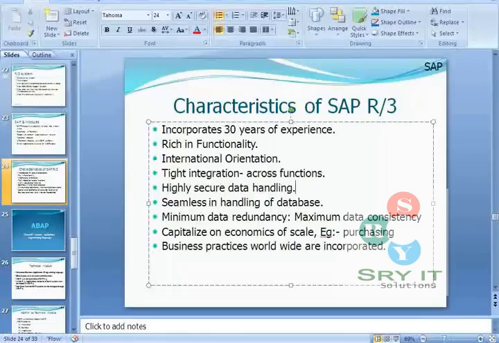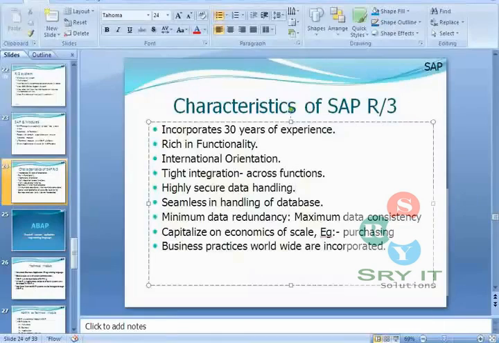Those were the minus reasons; these are the plus reasons for R3. Data security is very high, the database is easy to handle, with minimum redundancy and maximum consistency maintained.